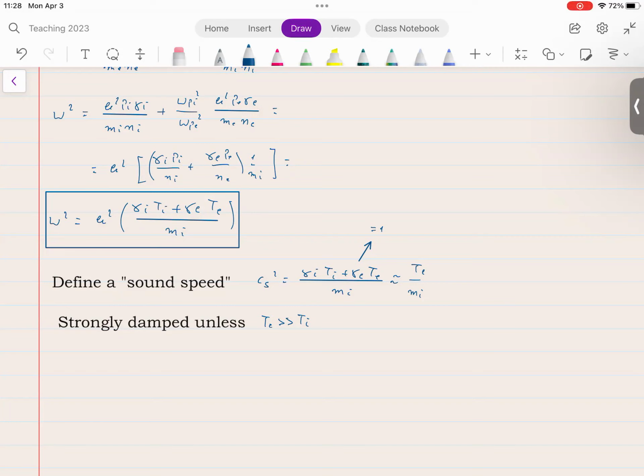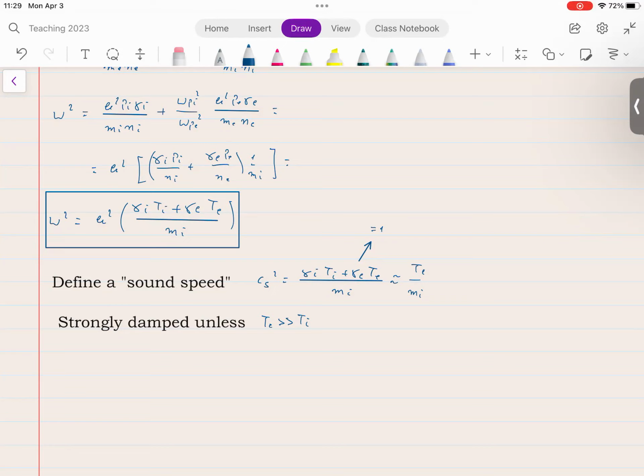That's what strongly damped means. The other piece of information is that in this case, electrons have the time to stream through the wave in one oscillation. They're moving much faster than the ions.